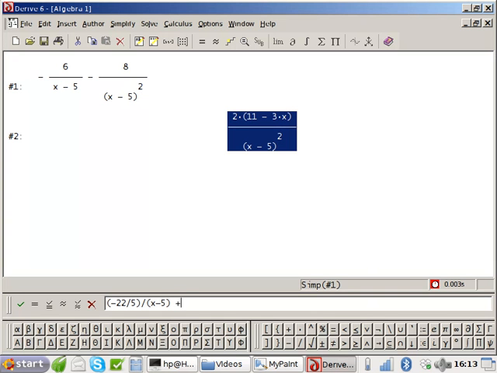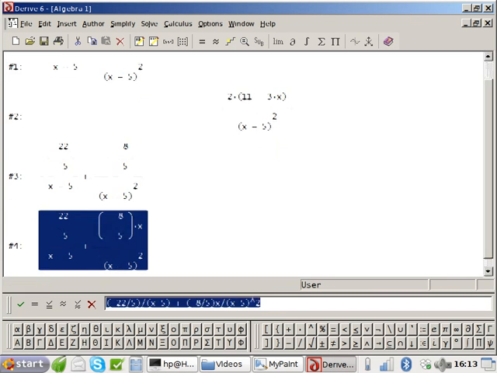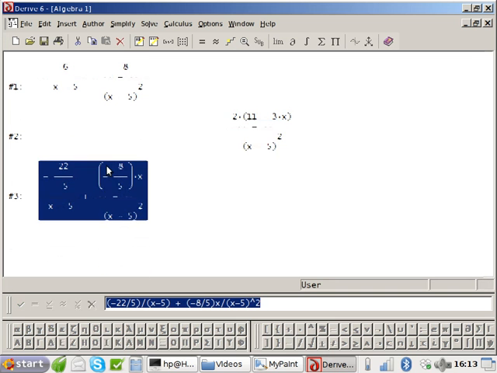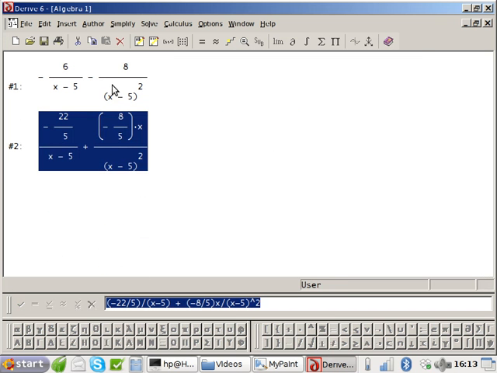And the second one was minus 8 over 5 x over x minus 5 squared. Now that looks like a very different answer. So if we ask the computer to add these together and to simplify, let's see what fraction we get.